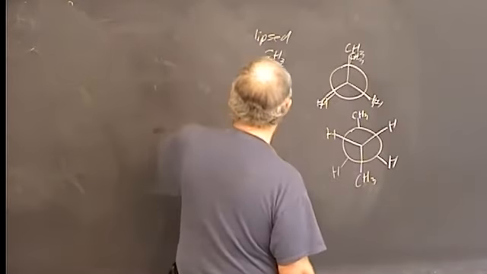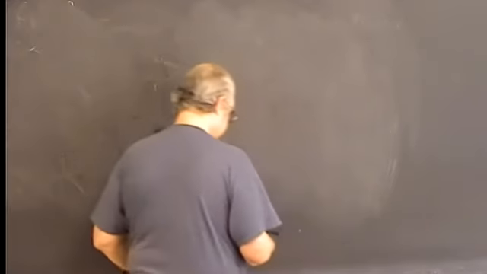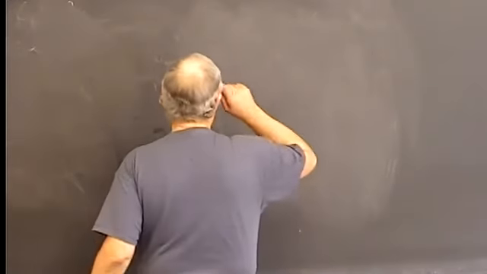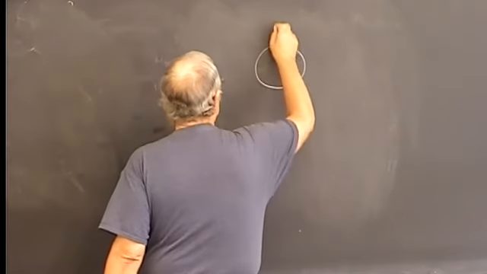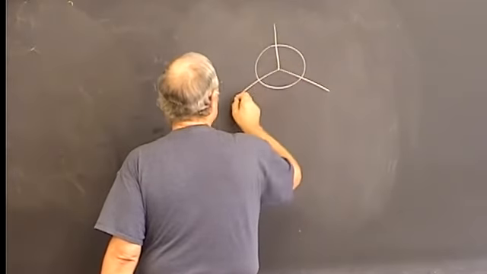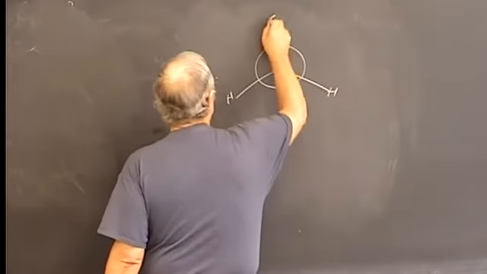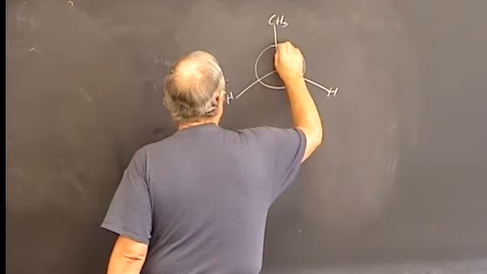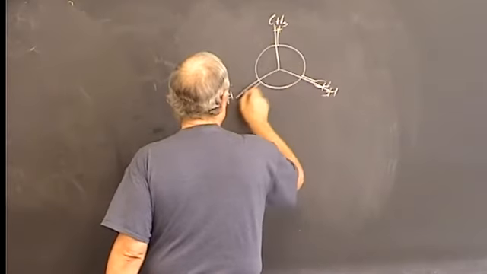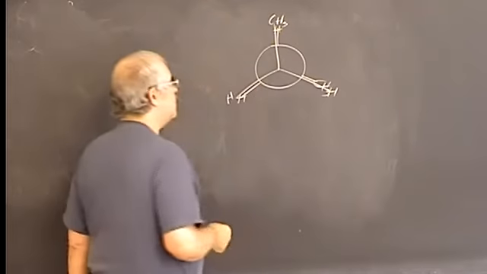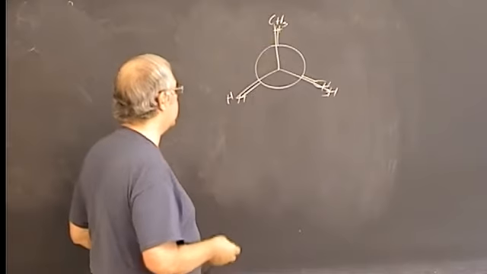And I'm going to show you two more here. This one is just called eclipsed. Fully eclipsed is where the two methyl groups are lined up.